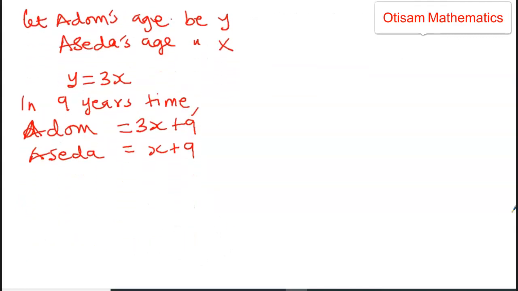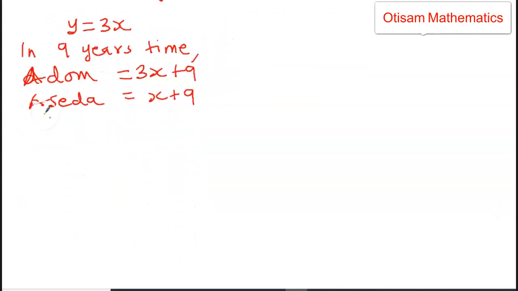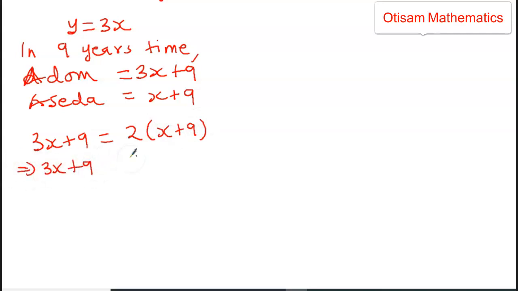So Adam will be twice as old as Asida. So 3x plus 9 is equal to twice Asida's age, so this implies that 3x plus 9 is equal to 2x plus 18.